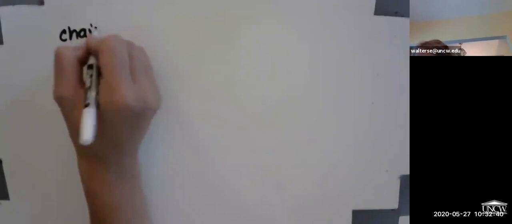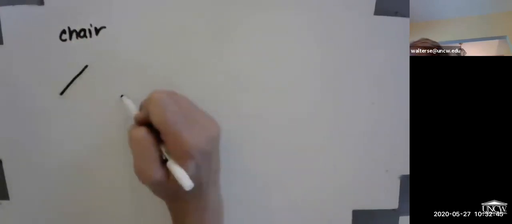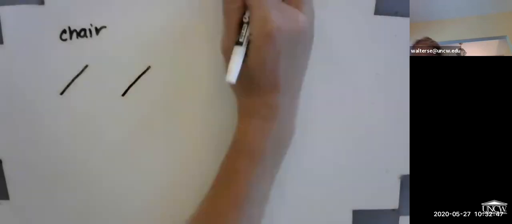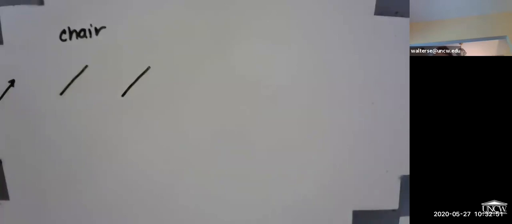Okay. So we have to be able to draw a chair. And the way you do that is you start with a set of parallel lines going up towards the upper right-hand corner. So we're going to start in this direction with our outside bonds.